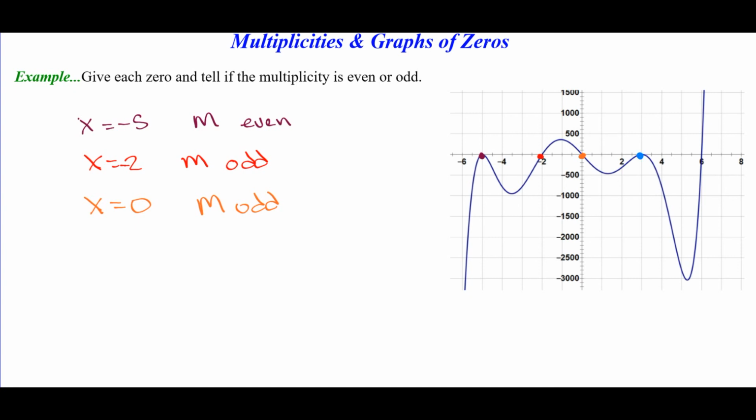My next 0 is going to be at x equals 3, and my multiplicity is even there because we're just touching the axis, creating a maximum or a minimum point. And finally, my last 0 that I can see here is x equals 6, and my multiplicity is going to be odd there because we're crossing through the axis.